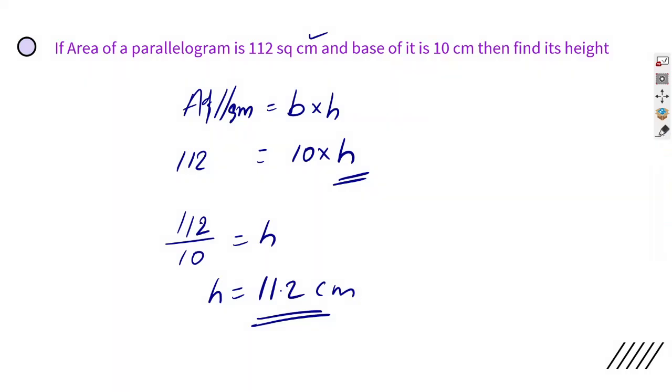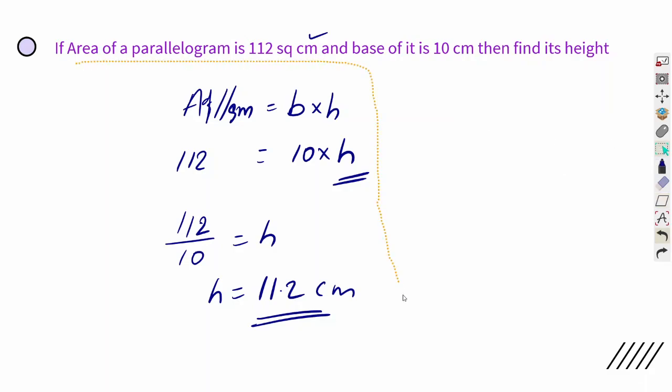The only thing is that you learned a new figure and a new area formula, the area of a parallelogram. As I told you, sometimes your question will be different, sometimes the parallelogram will be different.